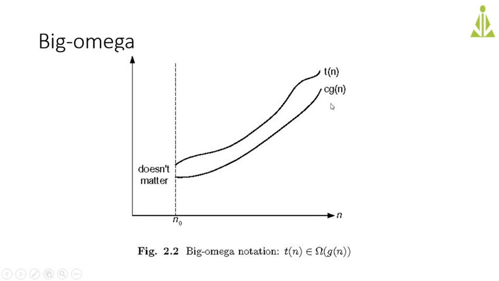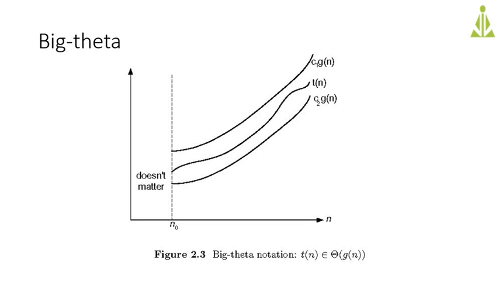Big omega means time complexity should be at least the minimum of the most significant terms, and this works as a lower bound. And the last one is theta of n, which means time complexity should be in an average bound. So these three are very important for your exam.